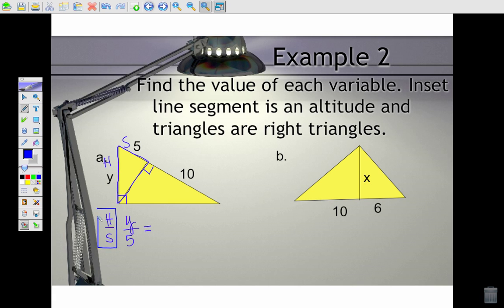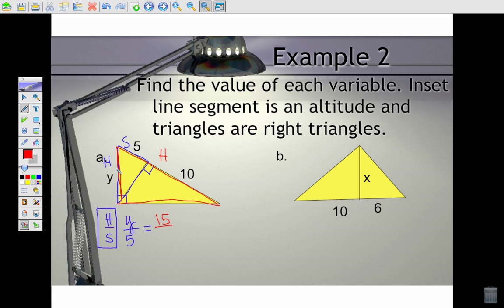So what I had done was say h over s. So I need to find another h over s relationship in the numbers that I have. So I look here, I have the 5 and the 10. If I look at just this triangle, that's a long leg, and I didn't use that. But if I look at the big triangle right here, this is a hypotenuse.